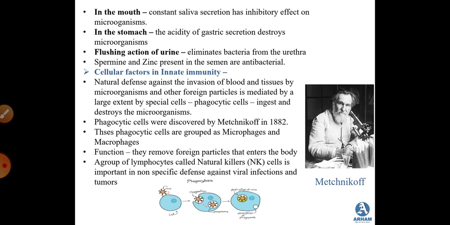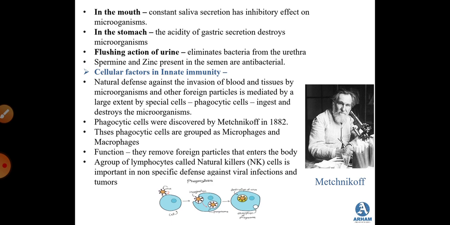The HCl or the gastric secretion is acidic, and this acidity destroys microorganisms. So when you eat food which has certain microorganisms, even if it is not destroyed by the saliva in your mouth, when it enters your stomach, the acidic gastric secretion will destroy the microorganisms.